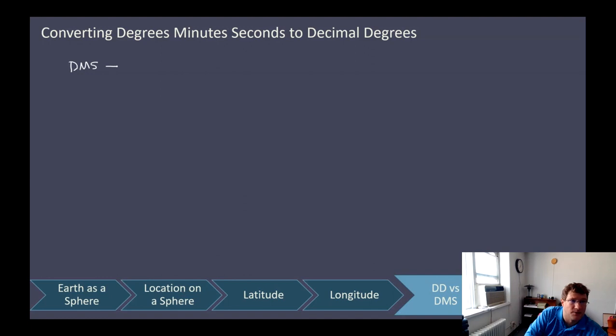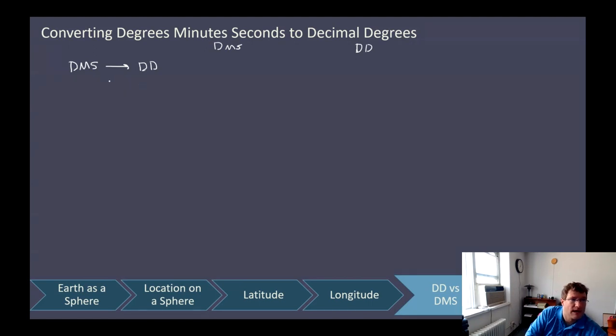And we're going to decimal degrees or DD. So if you see DMS, think degrees, minutes, seconds. If you see DD, think decimal degrees.